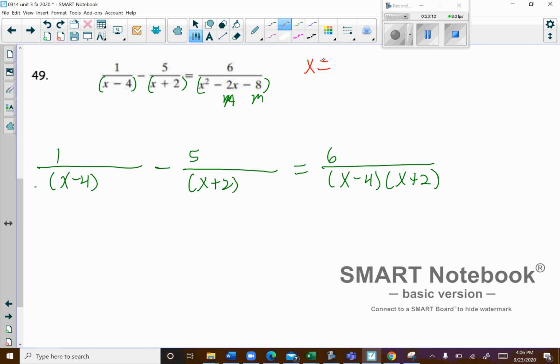X cannot be 4, and it can't be negative 2. And then our LCD is just going to be the factors x minus 4 and x plus 2. Okay, so x minus 4, x plus 2, and then there's a repeat of them, so I'm good to go. So then all the numerators are going to get multiplied by that.